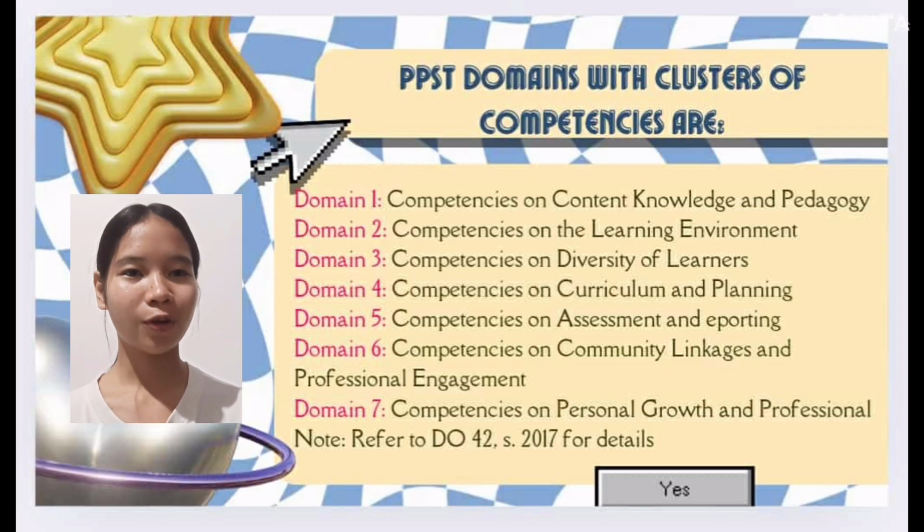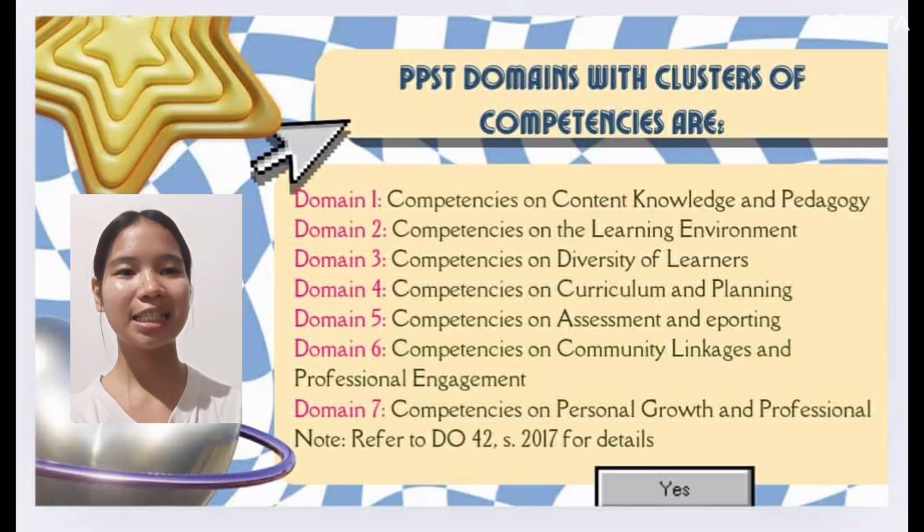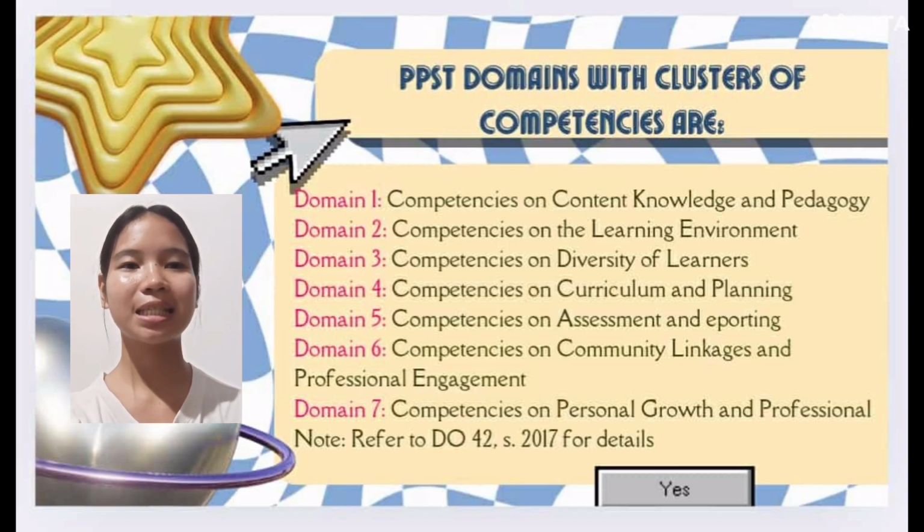And domain 4, competencies on curriculum and planning. Here, teachers must plan their lessons based on what DepEd requires and make sure learning goals are met. For example, before teaching, the teacher prepares materials and activities that match the lesson plan.